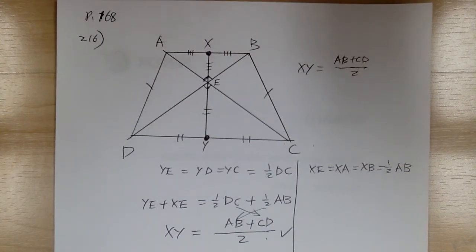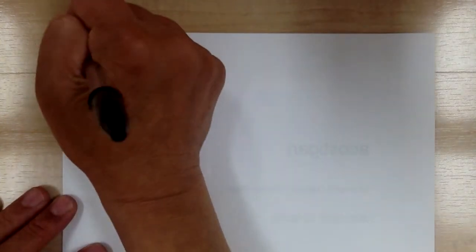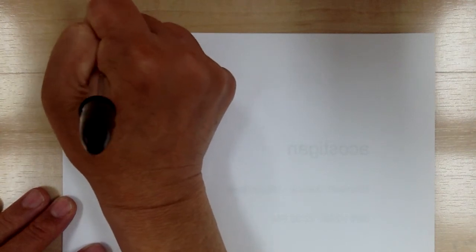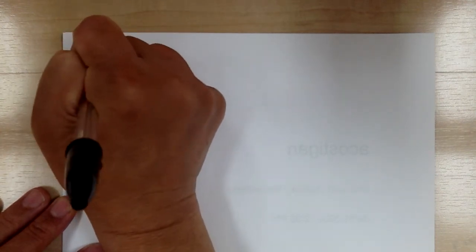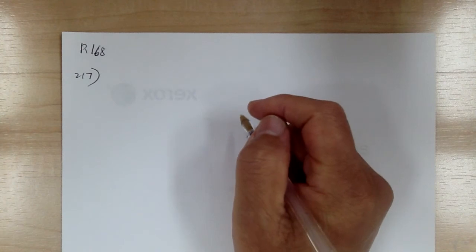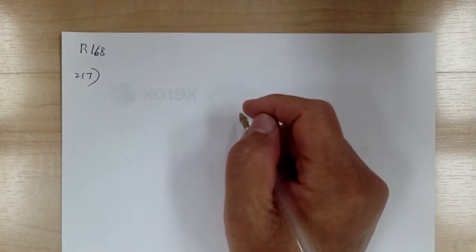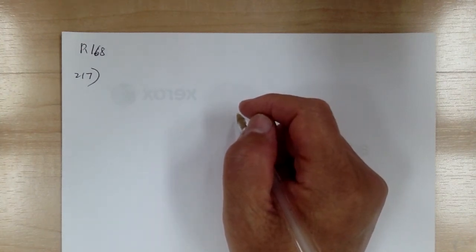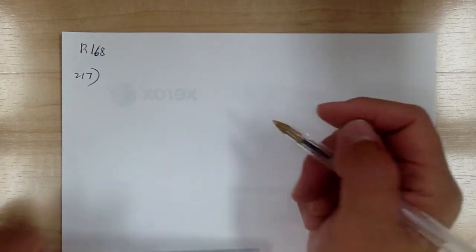Okay, let's go to 217. You have a convex quadrilateral.